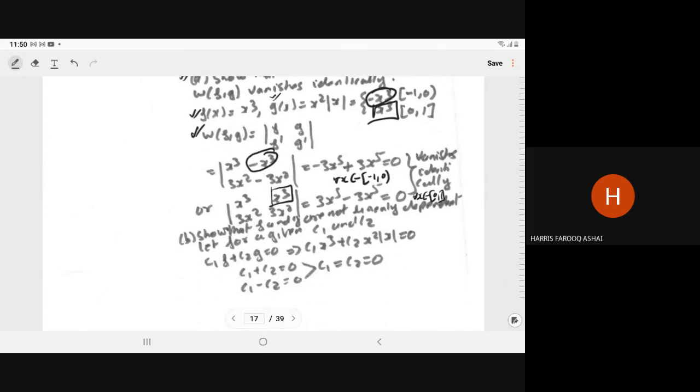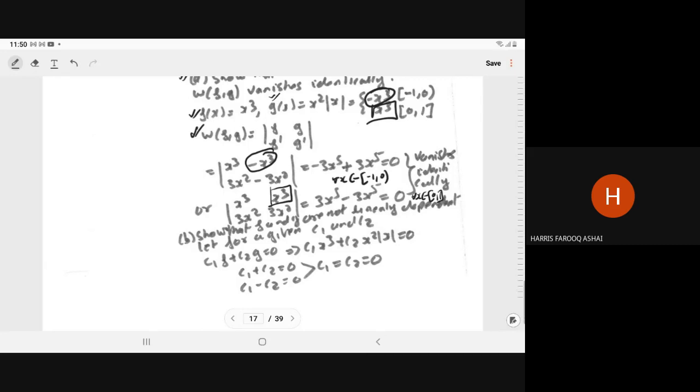Now we have to show that f and g are not linearly dependent. What does the theorem state? That if the Wronskian is equal to 0, then they must be LD. But here I am saying that the Wronskian is 0, yet they are not LD.